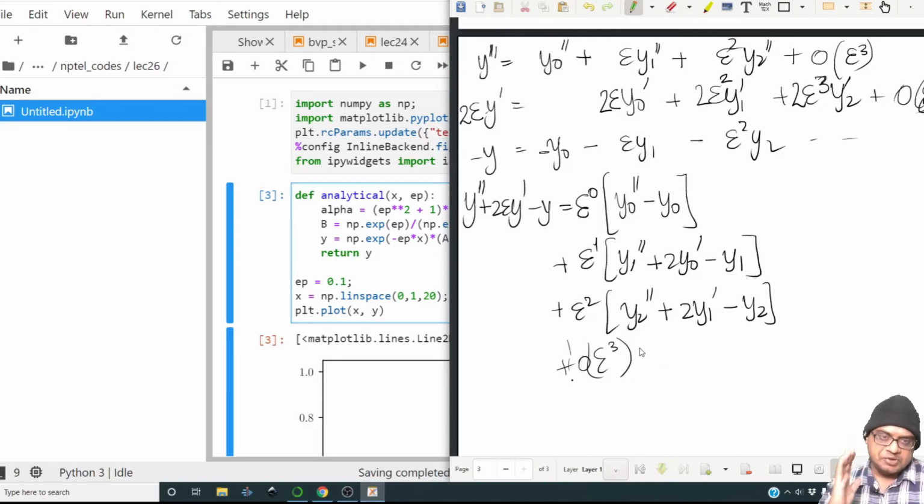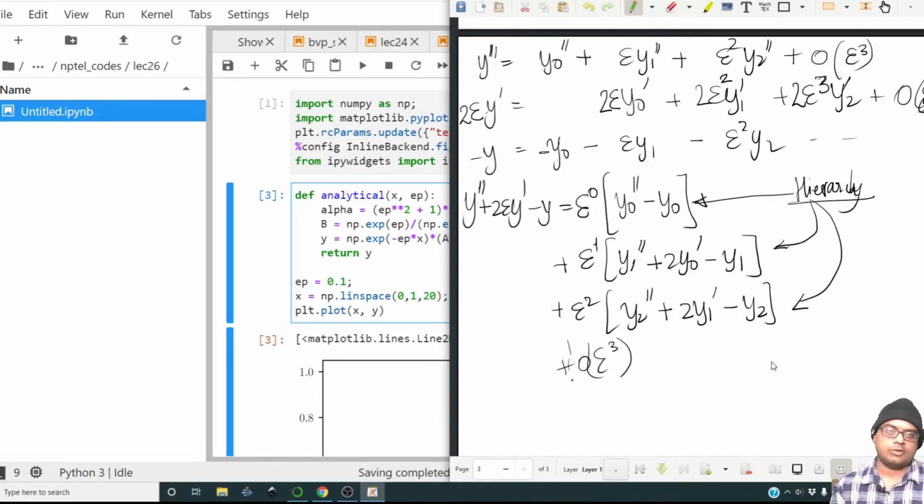So through this particular exercise, we are able to form an entire hierarchy of equations of order 1, order epsilon, order epsilon square, and so on.